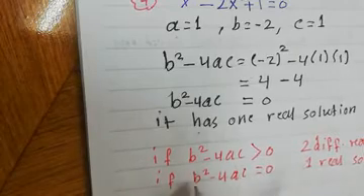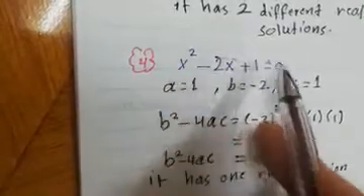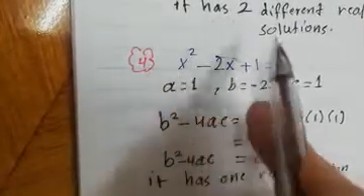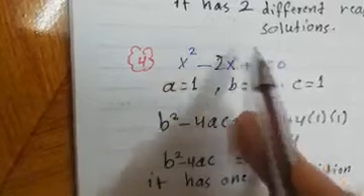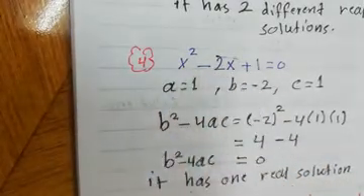And in this case, if the discriminant is 0, you can see that this formula is a perfect square. This is a perfect square formula, by the way, because the discriminant is 0.